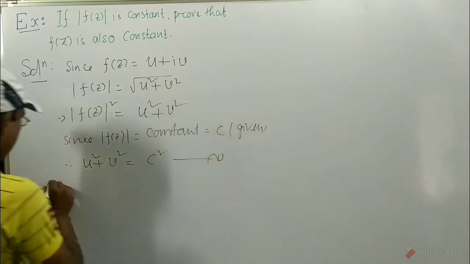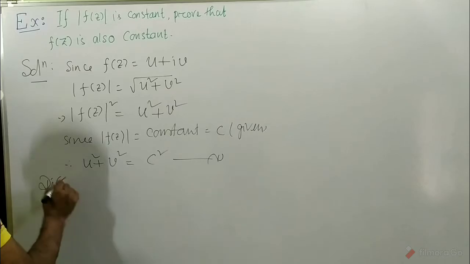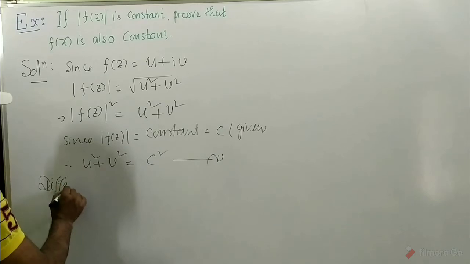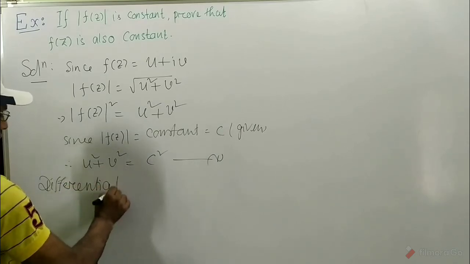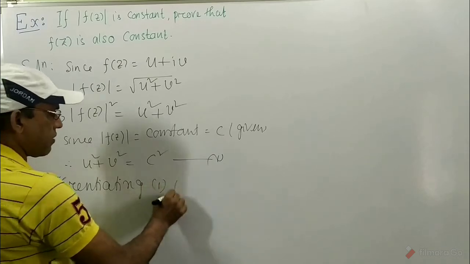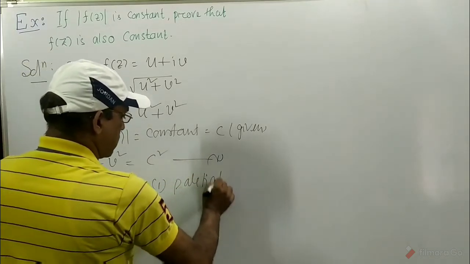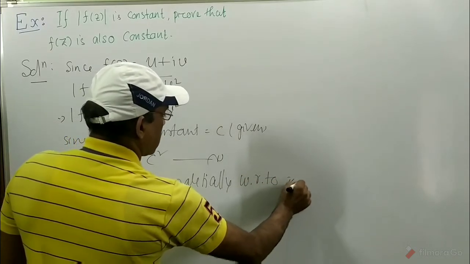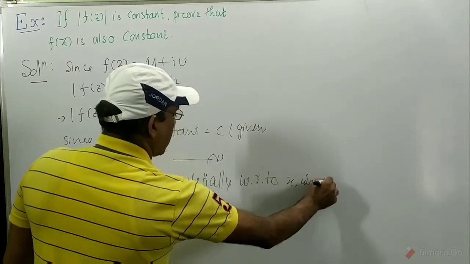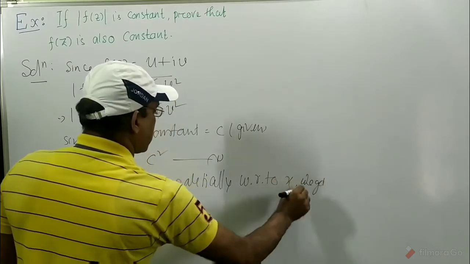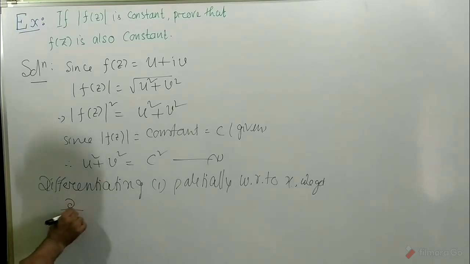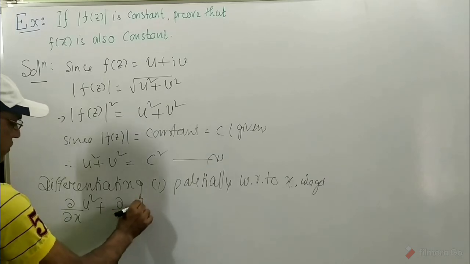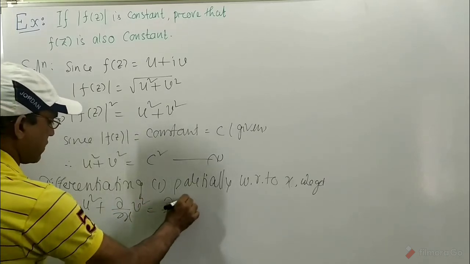We consider differentiating equation 1 partially with respect to x. If we differentiate both sides with respect to x, we get del x of u square plus del x of v square equal to del x of c square.